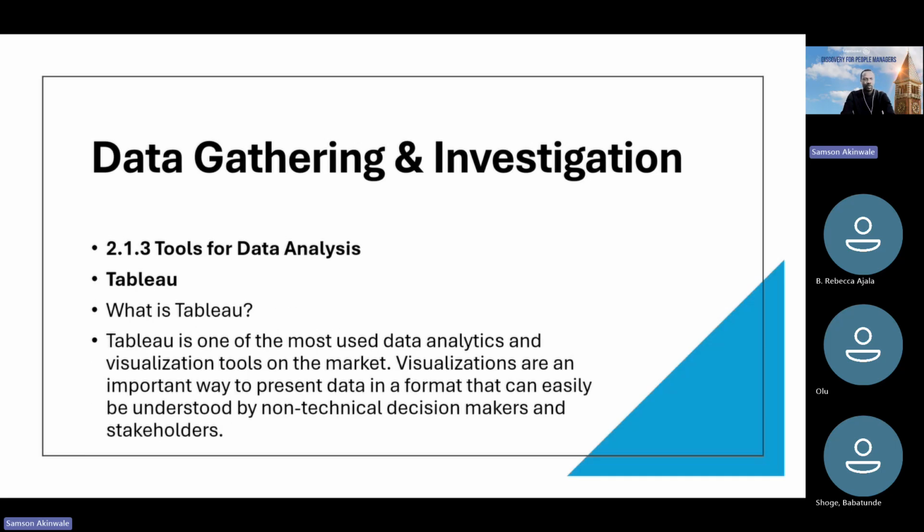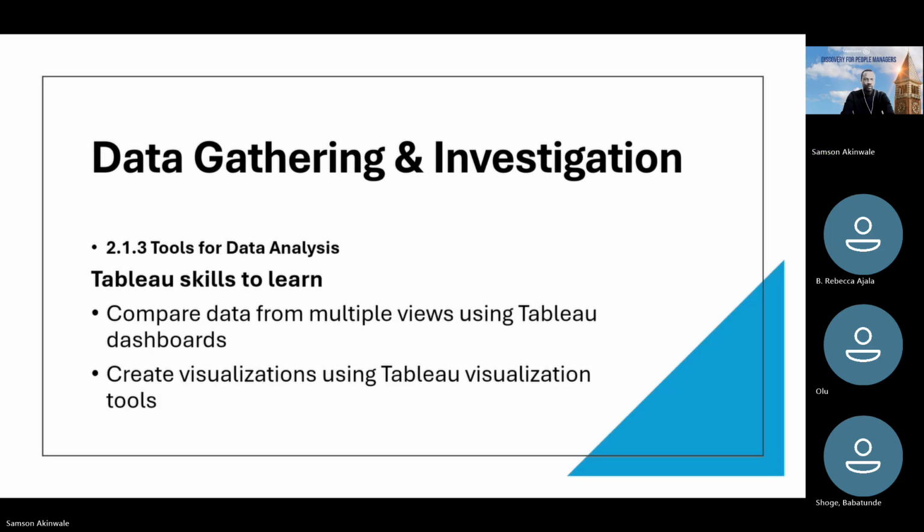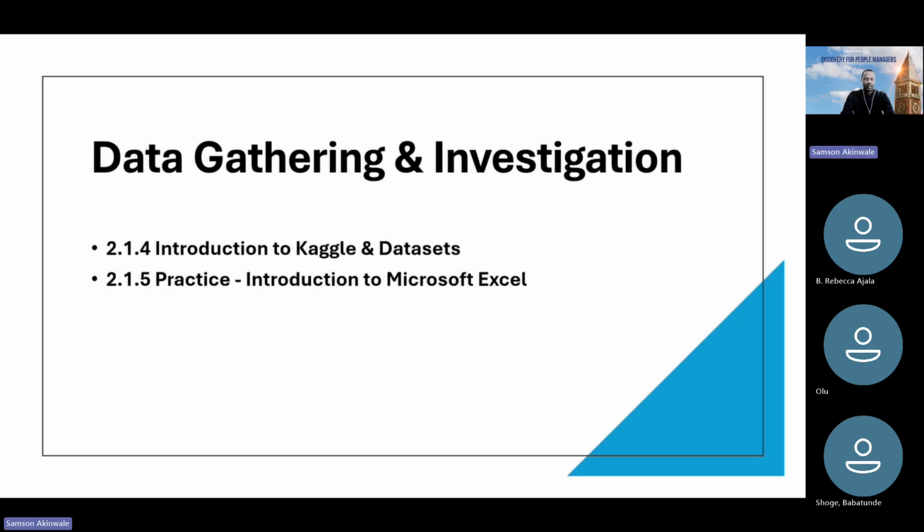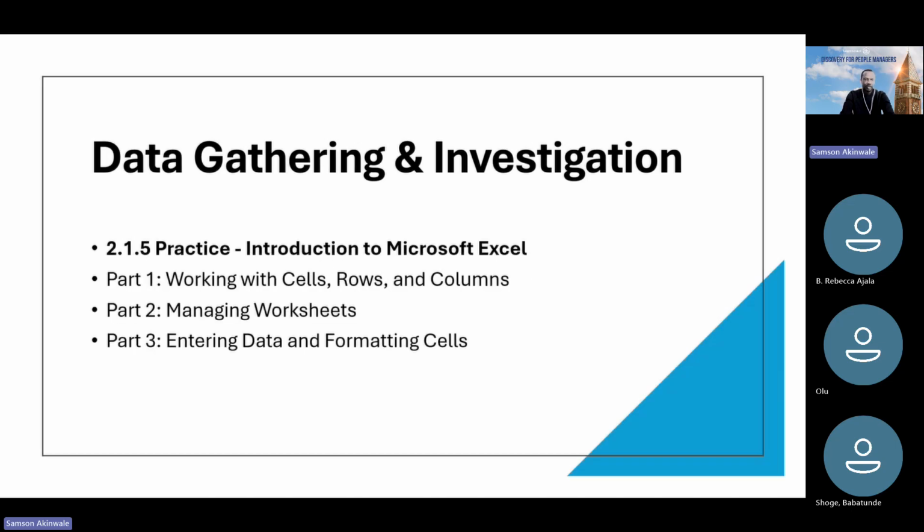Then we were equally able to deal with some data sources, especially the use of Kaggle, to access data for any particular problem we want to solve using data analysis. And we went through a few steps needed to sign up with Kaggle and to go straight to where data sets are located in Kaggle.